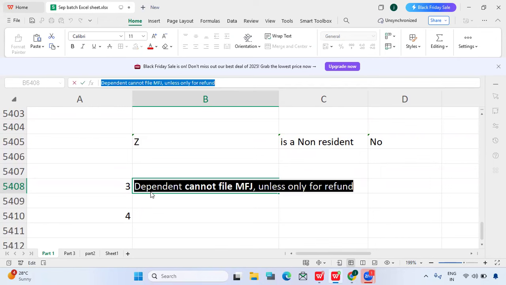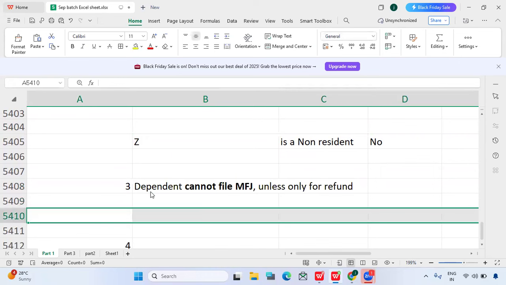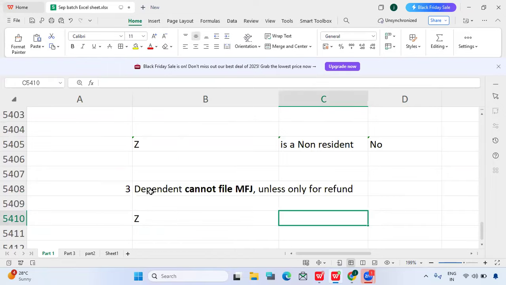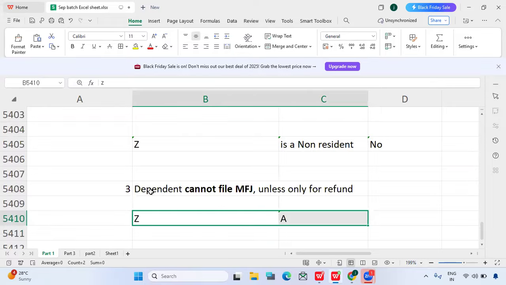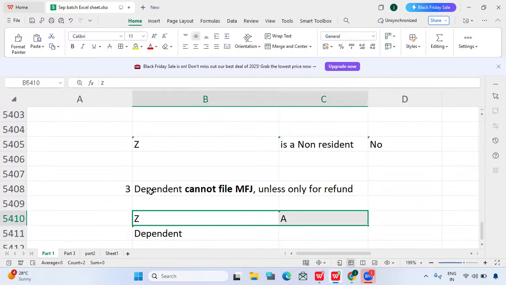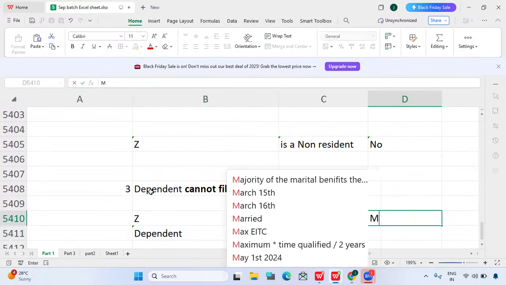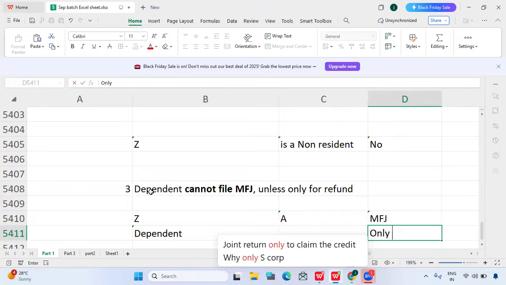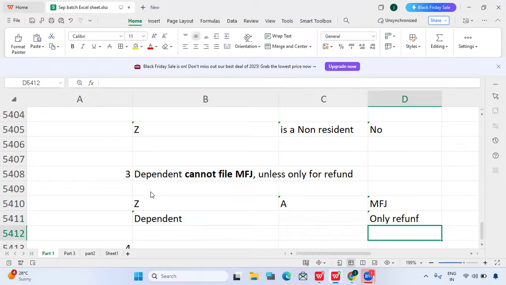So if it is only for a refund, like let's say Z and A are filing. Z is actually a dependent, and he is filing a tax return with A, MFJ. So this is only for a refund. Can we consider Z as a dependent?